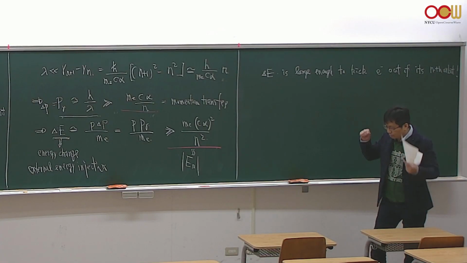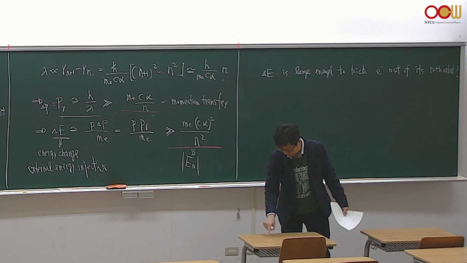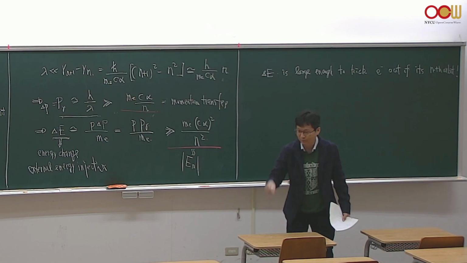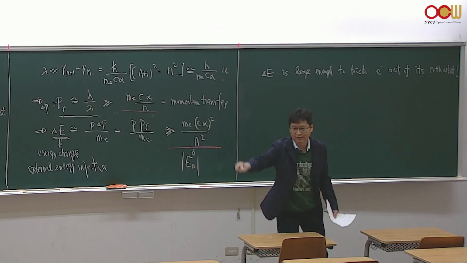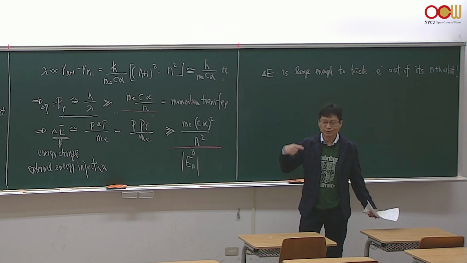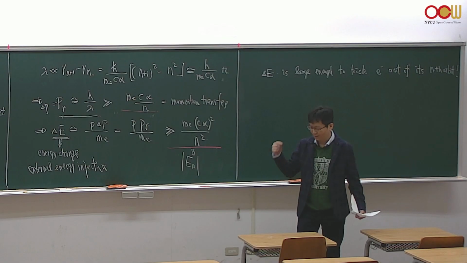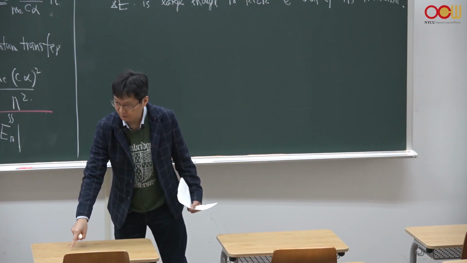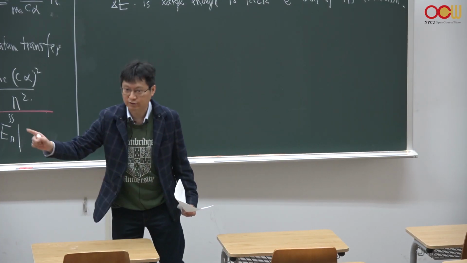So you want to see this electron, whether it's here or there, but when you want to see this electron, you must kick the electron out, and you don't see this electron anymore. You want to see this electron, but the energy carried by this photon beam to really detect the electron is large enough to kick out the electron.